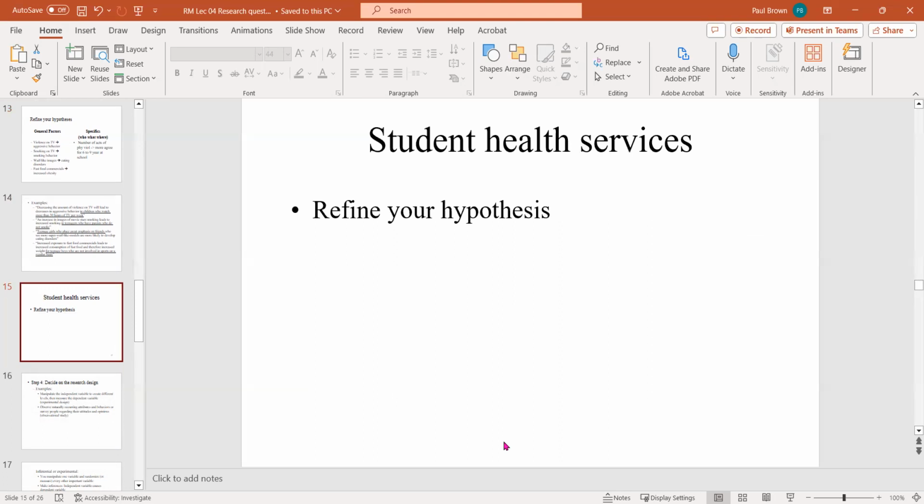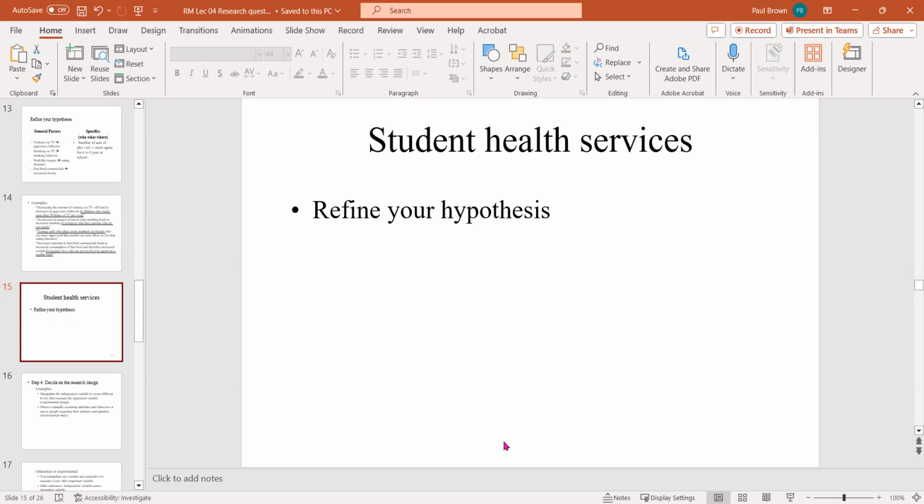Your refined hypothesis is that for students who have knowledge of the student health services, these students with higher ratings of quality have higher ratings and willingness to use. Something like that.